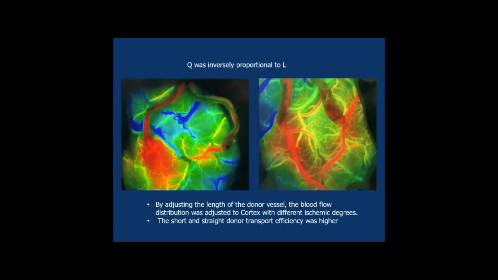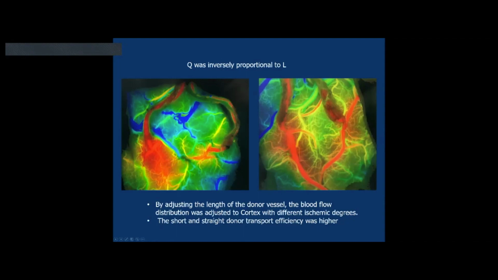And according to Poiseuille's law, Q was inversely proportional to L. So by adjusting the length of the donor vessel, the blood flow distribution can be adjusted to cortex with different ischemic degrees. Like on the left side, we can see in this one the blood flow in the frontal lobe is more than in the temporal lobe.